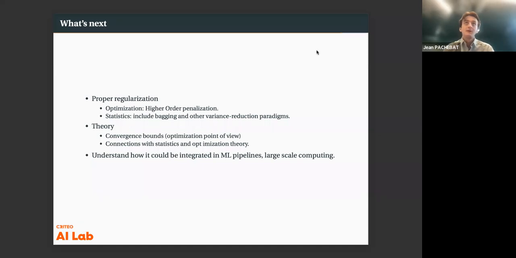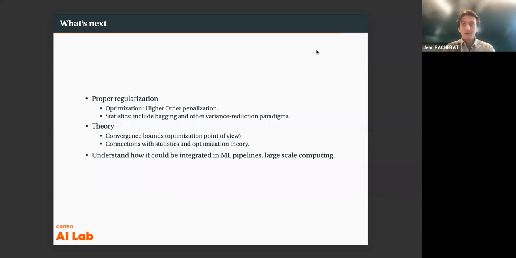I think one of the strengths of gradient boosting is that it's very universal, and there's not too much hyperparameter tuning to do. You can easily train models, and it's very efficient.